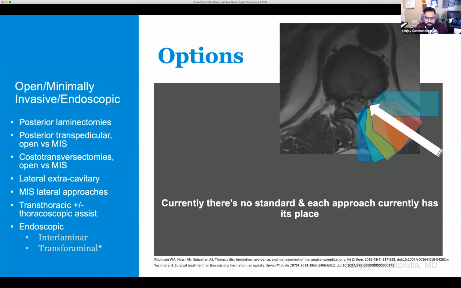And there's really a ton of options on how we accomplish that, and the end point is the same. Posterior laminectomies, transpedicular costotransversectomies, lateral extracavitary, all MIS or open.